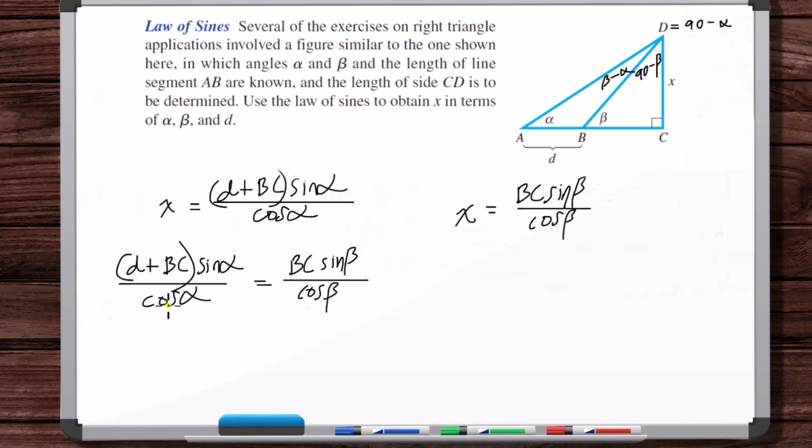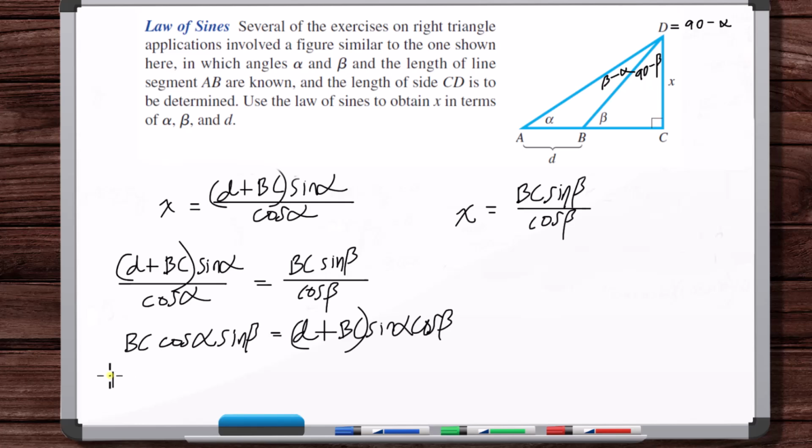Now we've got alpha and beta and D in here, which we're okay with because that's going to be part of our final answer. But we don't want to have BC in here, so let's solve for BC, because if we can solve for BC in terms of alpha, beta, and D, we can substitute for BC. So, cross multiplying, BC cosine alpha sine beta is equal to (D plus BC) sine alpha cosine beta.